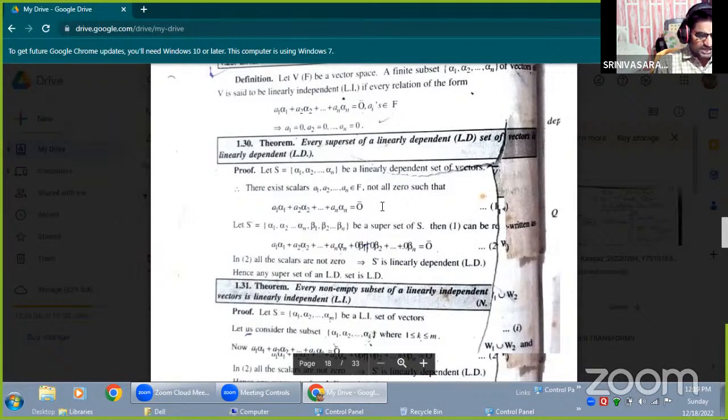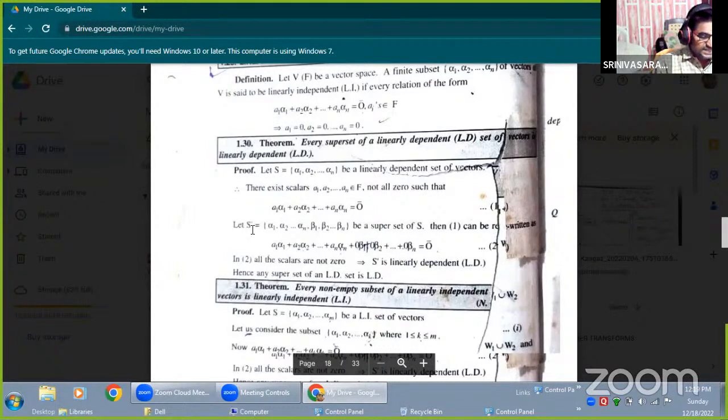Those scalars are not all zero because the given condition is a linearly dependent set. So linearly dependent means the scalars are not all zero. So write the linear combination A1 alpha 1, A2 alpha 2, so on An alpha n equal to 0 bar. And here the statement is about linearly dependent vectors of the superset.